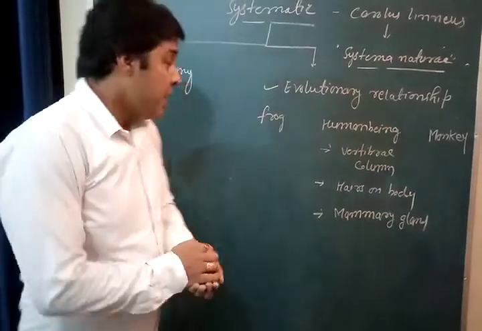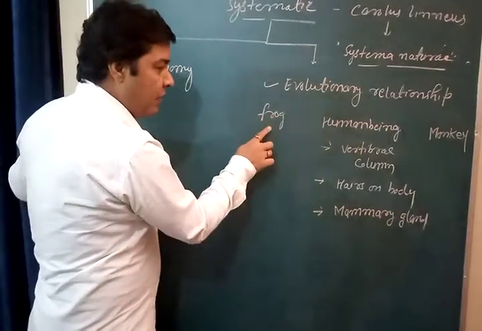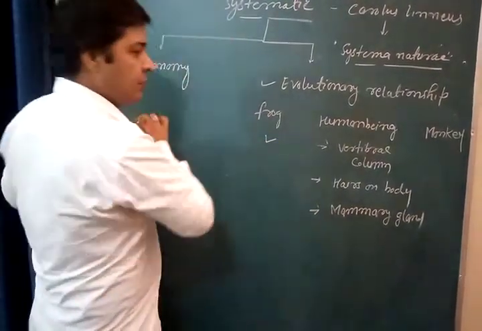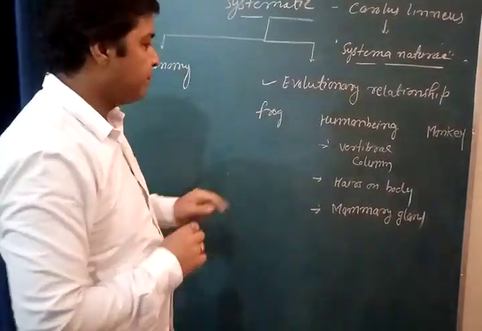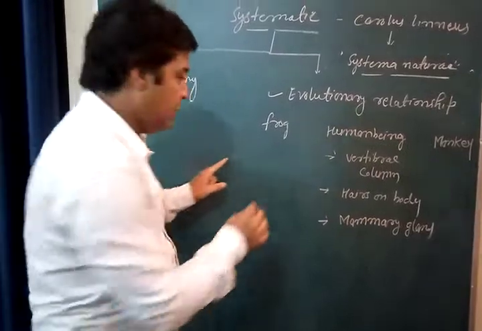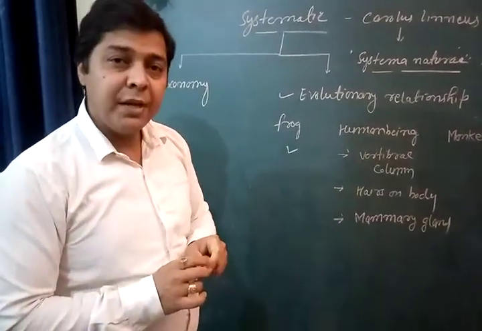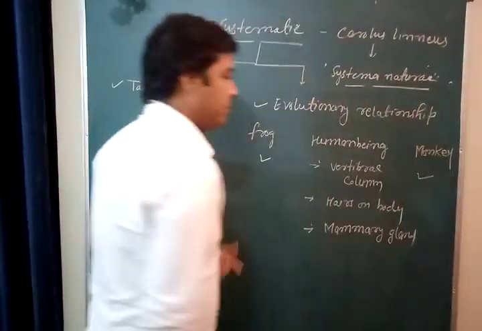Clear? Do you think the frog has a vertebral column? Yes, the frog has a vertebral column. In case of monkey, they have a vertebral column.